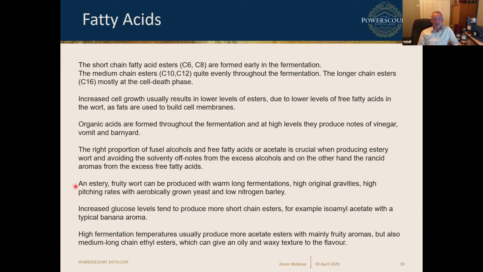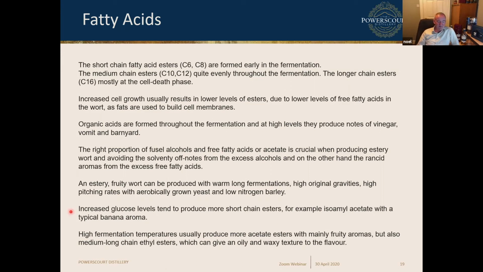And higher original gravities, high pitching rates with yeast, whether the yeast has been grown aerobically, or even the nitrogen levels in barley, all affect the kind of esters that we're going to produce in fermentation.